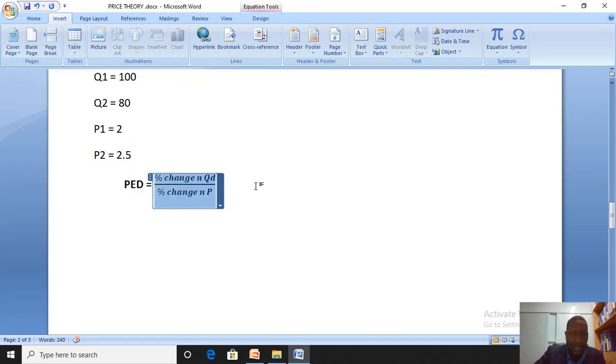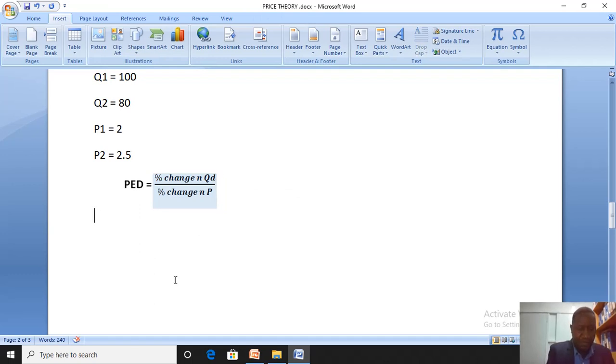The percentage change in Q is equal to Q2 minus Q1, in brackets, divided by Q1, then everything multiplied by 100%.